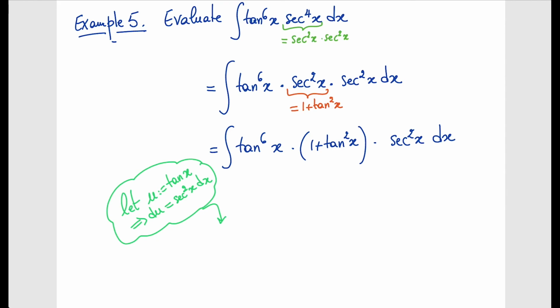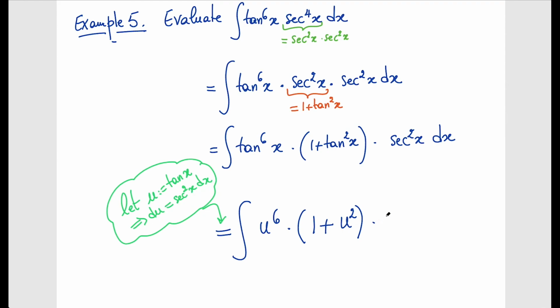So then this becomes the primitive of tangent x to power 6 becomes u to power 6 times 1 plus tangent squared becomes u squared, and this entity here, sec squared x dx, is the du, correct?